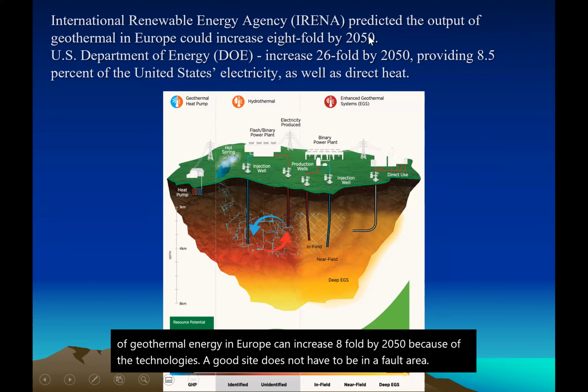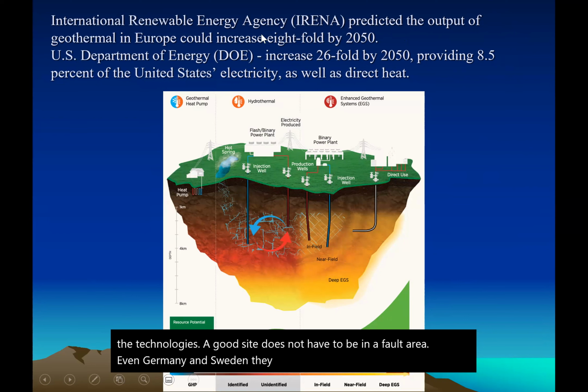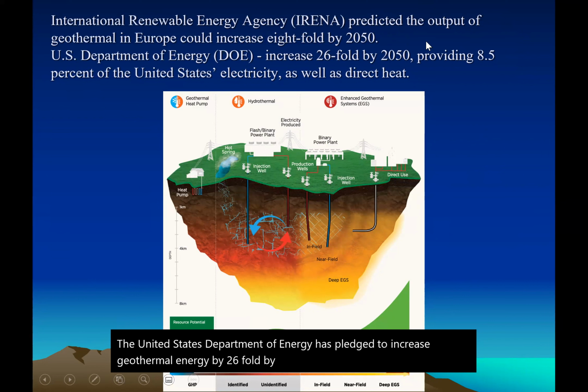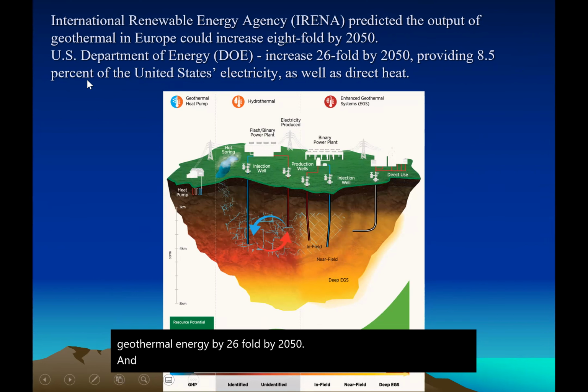Even Germany and Sweden, they're all in this race to improve technology and to harvest this energy. The United States Department of Energy has pledged to increase geothermal energy by 26-fold by 2050, and hopefully providing 85% of the United States electricity, in addition to direct heat.